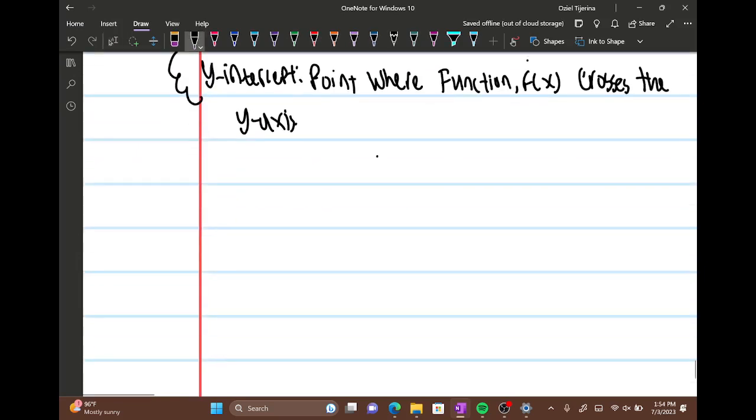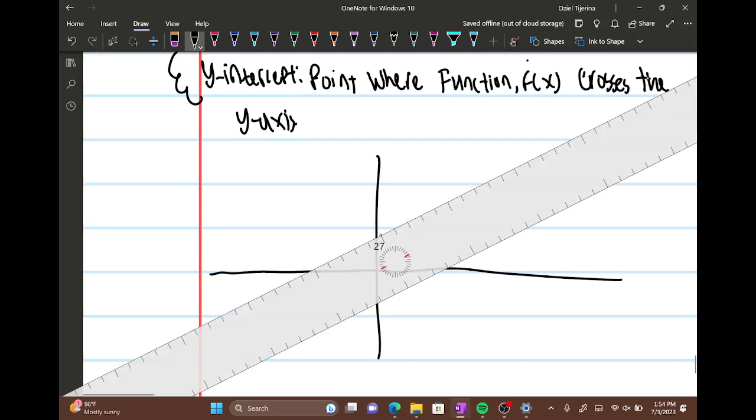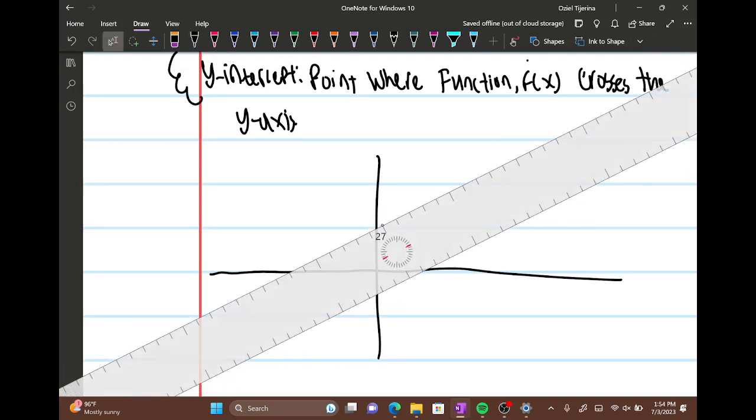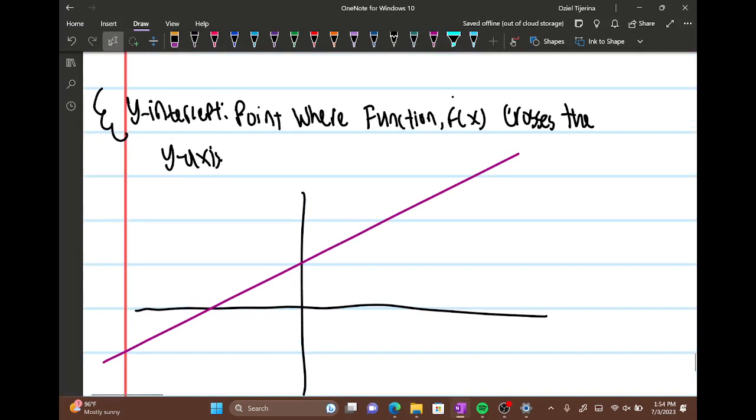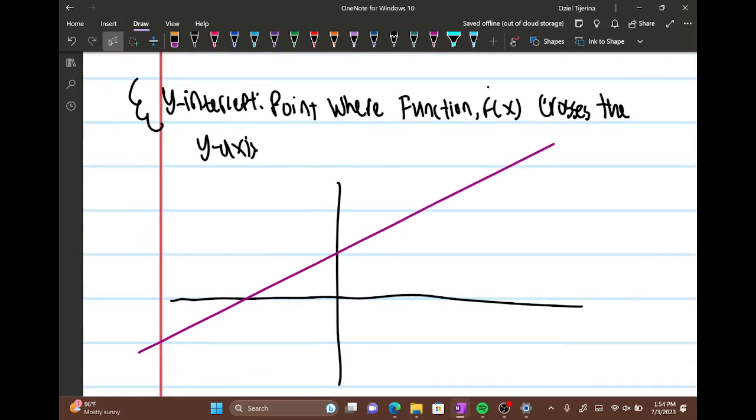So what this means, in terms of a linear function, let's do a little sketch of this. If you remember from algebra, here's my y-axis, and the y-intercept is literally this point right here.